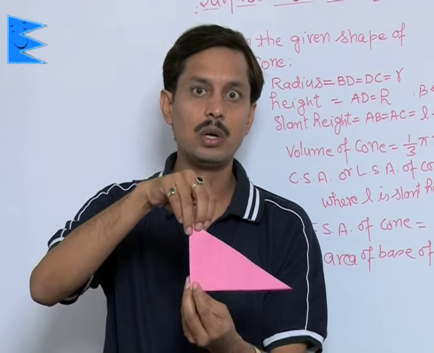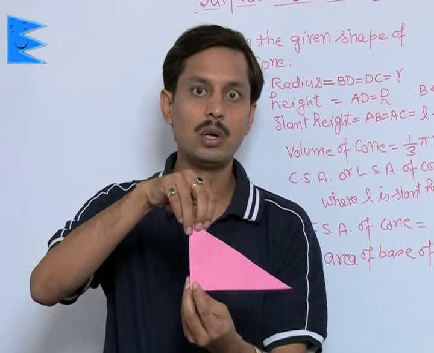But here this base will be the height and this perpendicular will become the radius of the cone, and the length of the hypotenuse will be known as the slant height of the cone. Now you can ask me that we can revolve or rotate a right angle triangle about its base or about its perpendicular.